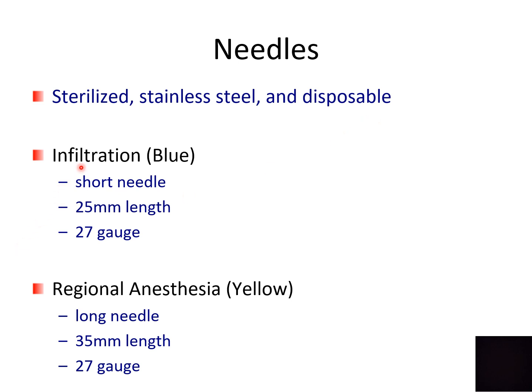For infiltration anesthesia, you would be using a blue needle, which is also known as the short needle, 25 millimeter in length and 27 gauge in diameter. Whereas for regional anesthesia, mainly the inferior alveolar nerve block, you would be using a yellow needle, which is the long needle, 35 millimeter in length and 27 gauge in diameter.